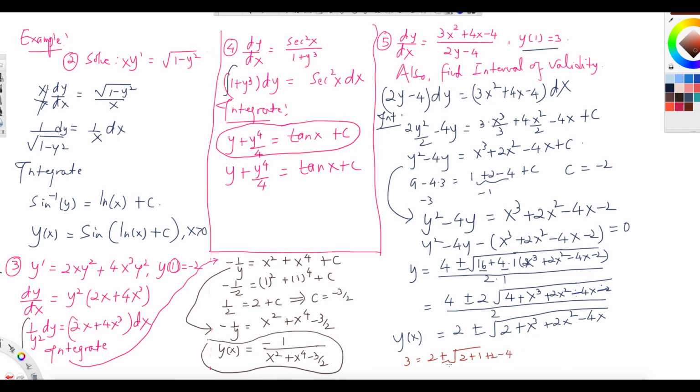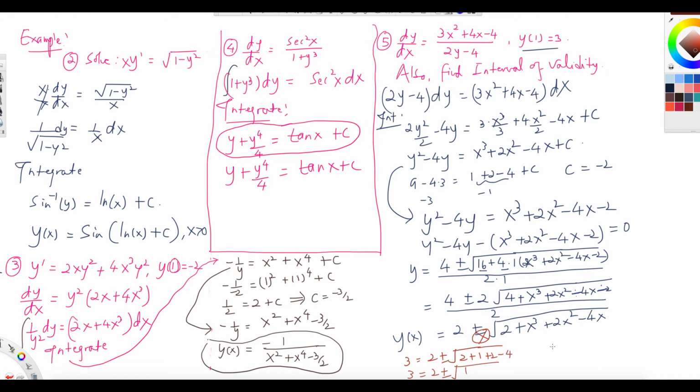What do you get under the root? 2 plus 1 is 3, plus 2 is 5, minus 4 is 1. So this is basically 1, right? If you take the plus sign, you get 2 plus 1, which is 3. If you take the minus sign, you get 3 equals 1. So plus is the right answer, and you don't need the minus.